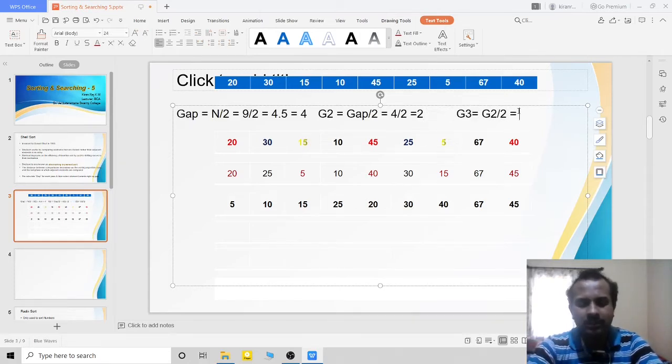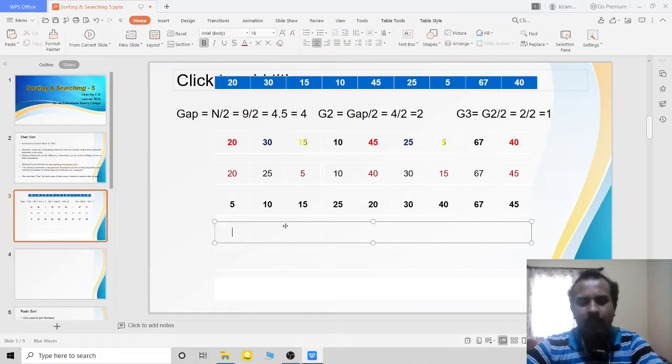What is G2? G2 is 2. 2 by 2 is 1. So that means gap is what? 5, 10, 15, 25, 20, 30, 40, 67 and 45. Right? So I am going to compare adjacent elements.